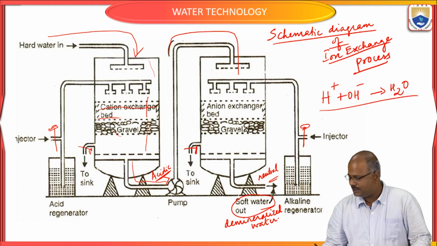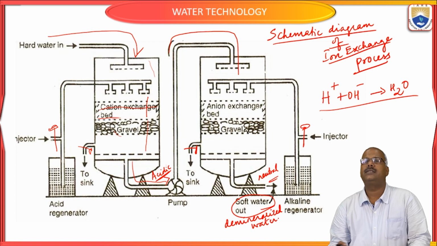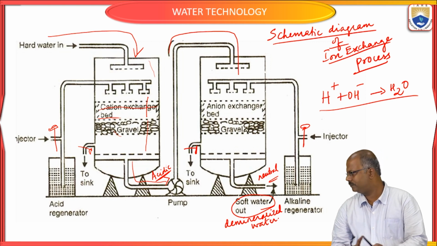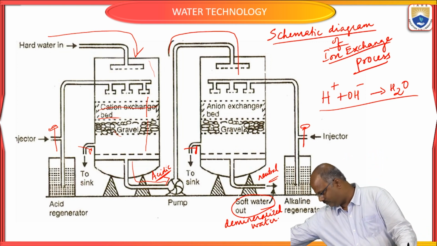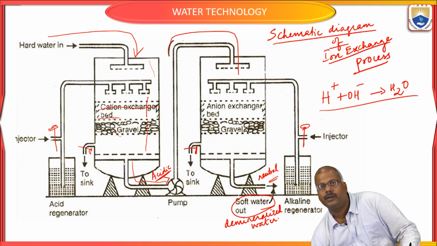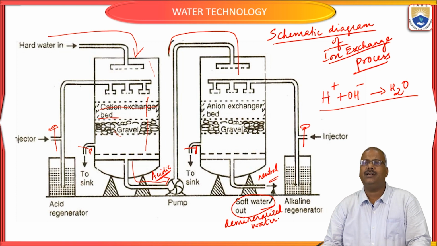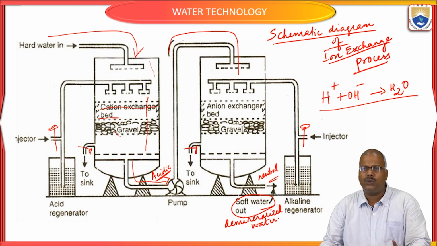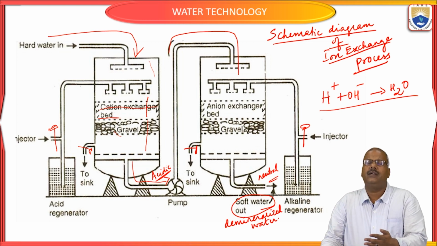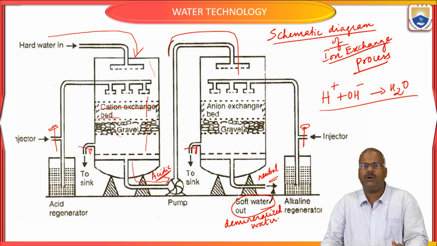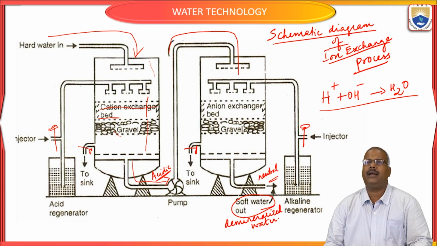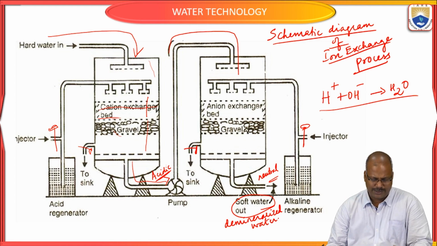As we said, this cation exchanger and anion exchanger bed may become fully exhausted after already exchanging all the H plus and OH minus ions. So after some cycles, we need to regenerate them for the usage of these same cation exchange and anion exchange resin beds.